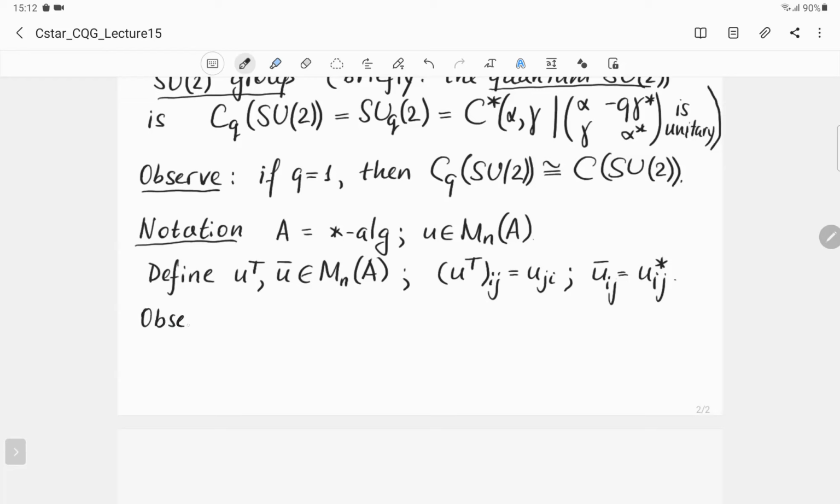Let's also observe that the adjoint U star is nothing but U bar transpose, exactly as in the case where A is the field of complex numbers.